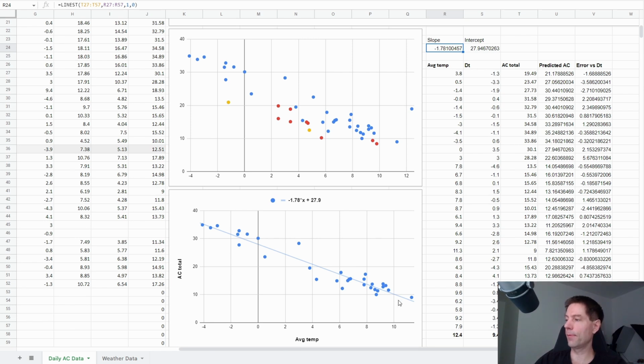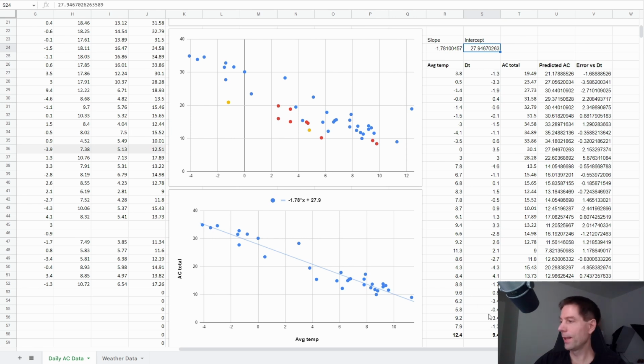So if we went from 10 degrees down to 0 degrees, we would use an additional 17.8 kilowatt hours. And then there's this intercept here, which is basically where it crosses the y-axis at a temperature of 0 degrees. That's not particularly useful, but it allows us to fully describe this line.